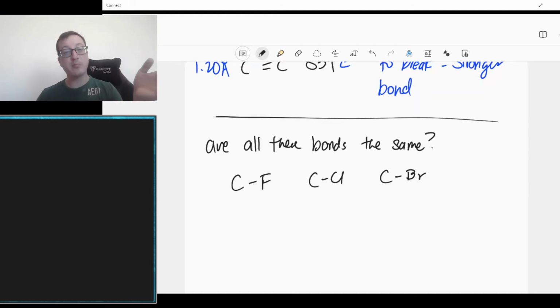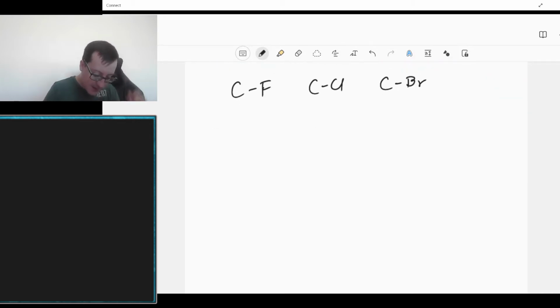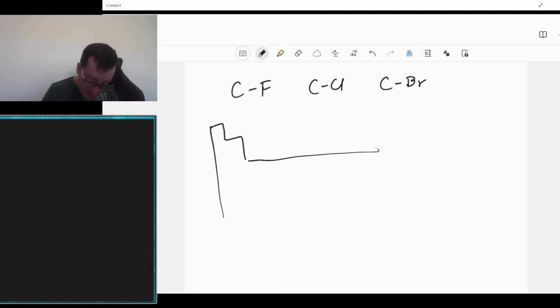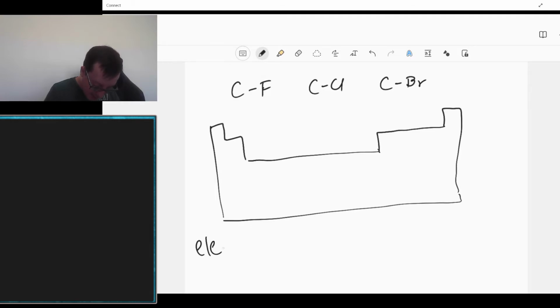And we're going to see we have another property of elements that we're going to relate to the periodic table, because you thought we were done relating trends and all that fun stuff. Nope. I'm going to talk about electronegativity.